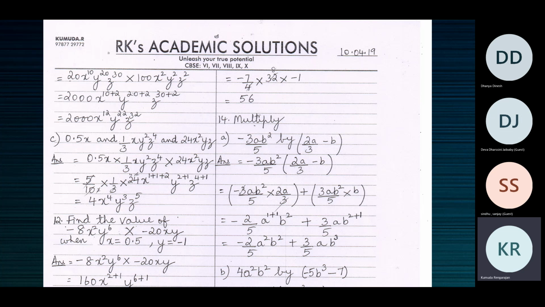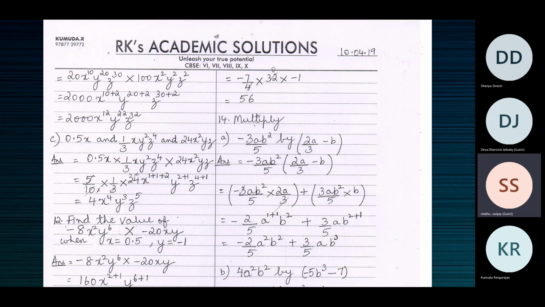Then it is x square, y square, z square. What's your doubt there? Ma'am, I thought 10 square will be 10 square itself, but I didn't notice it will become 100, ma'am.